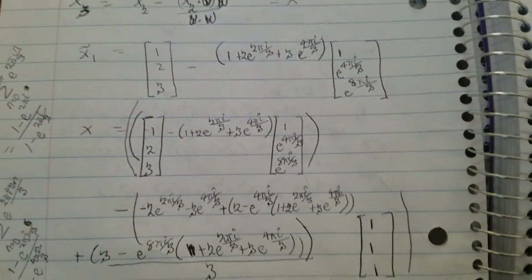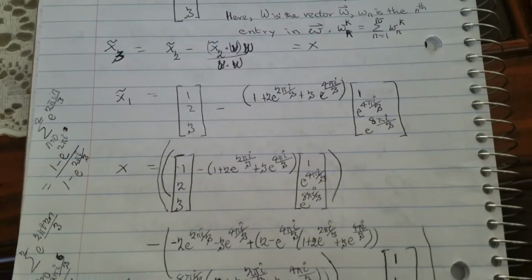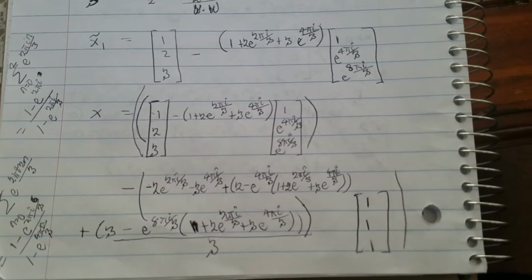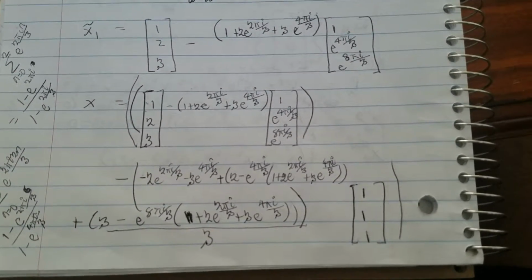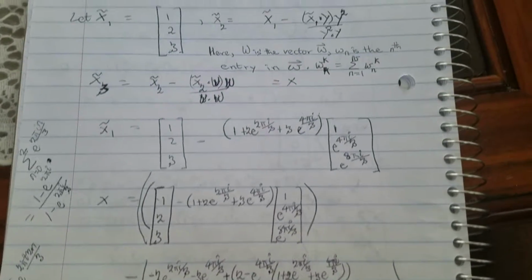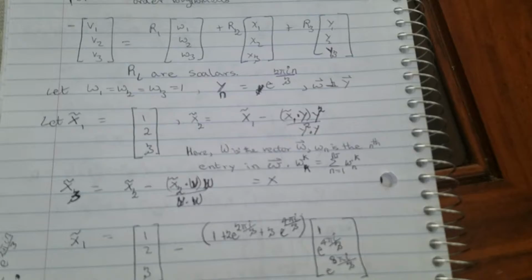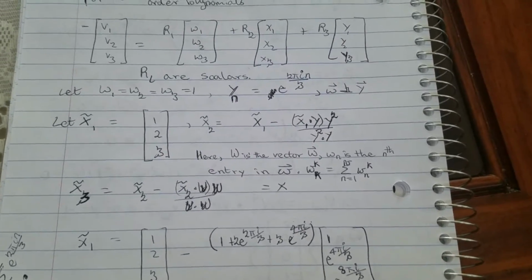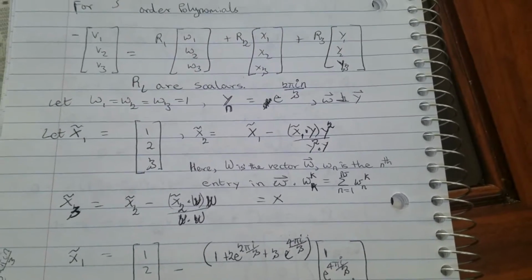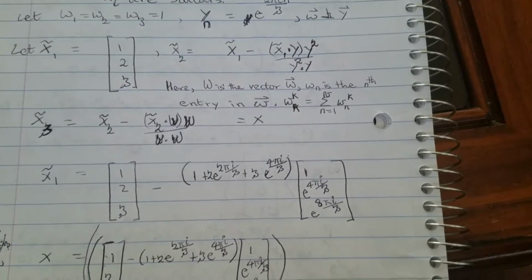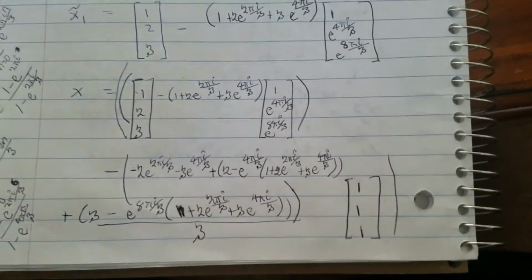So when you simplify this vector for X, you notice because the complex sinusoid sums to 0, this is actually very, very simple.